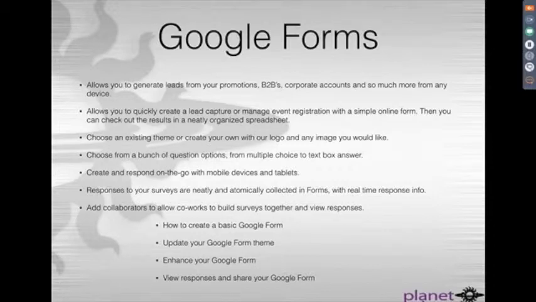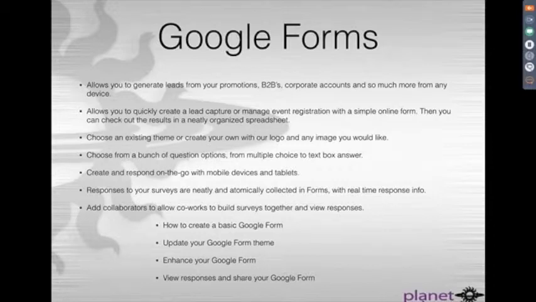Maybe we're promoting spray tans, so I can go in Orion and find an image of a beautiful sun-kissed girl, and I want to put that on my form to promote sunless color. So I can actually go into Orion directly from Google Forms and draw the image straight off Orion. I don't have to download it to my computer, then upload it. I don't have to do any of that. But say I do have an image on my computer that I do want to upload, I do have that option and capability to upload it to my Google Form.